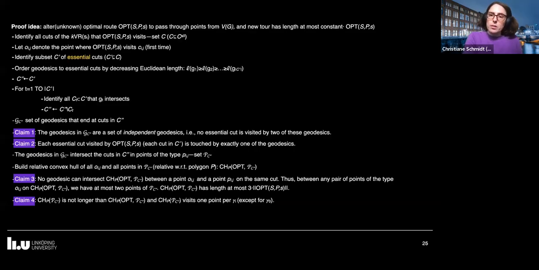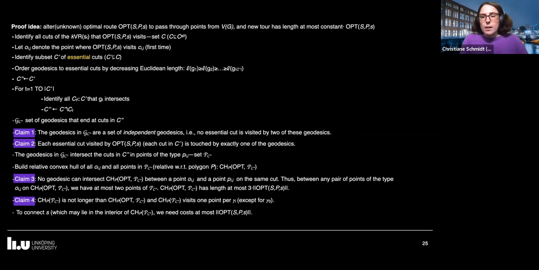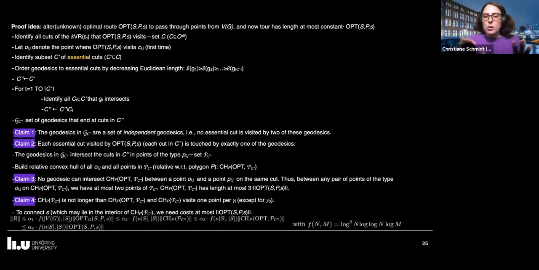We also know that of the points that we're left with it's 1 point per group, except for possibly our starting point. And so if we put that together, we might need to pay another opt to connect what we have to the starting point. And then if we puzzle all of these together, we get a constant, times this logarithmic factor from Garg et al., times the opt.